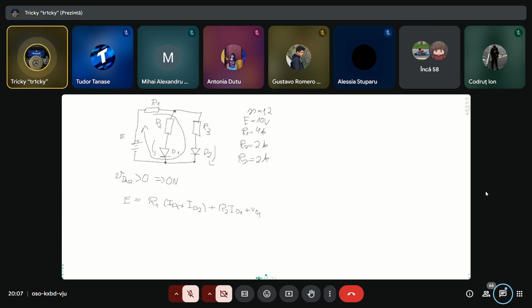And then for the second branch, we can just write the same exact thing, but replace this R2 here with R3 and with ID2, and VD2 here. It's just as correct, and this part stays the same.